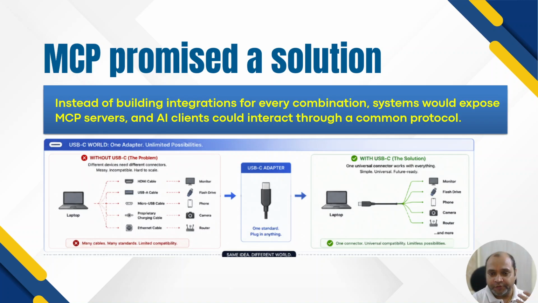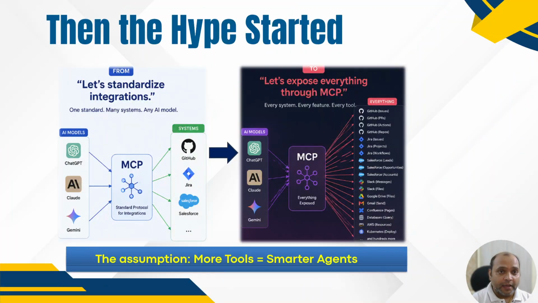Nowadays, if you have your client AI agent and you want to use an MCP server, it's pretty easy to configure an MCP server with your AI agent. That was the promised solution of MCP.